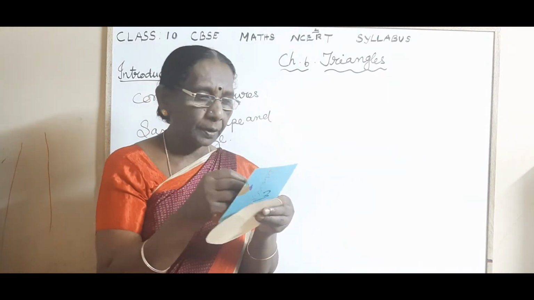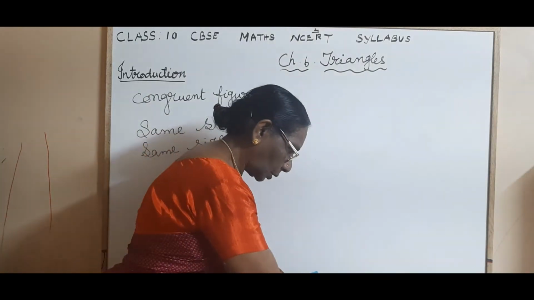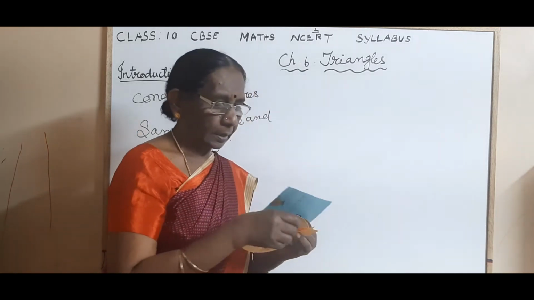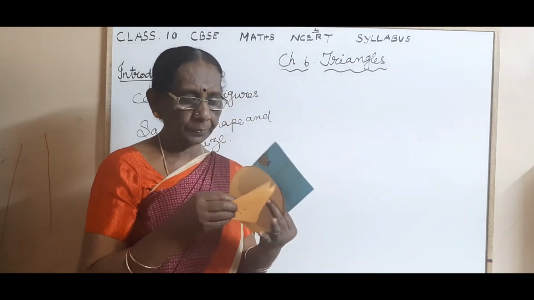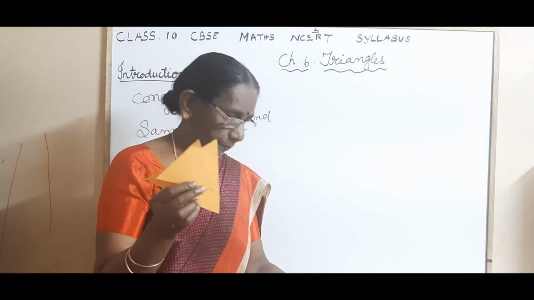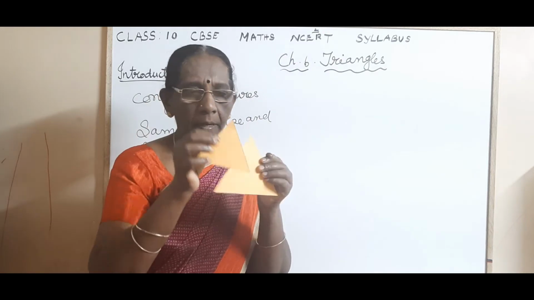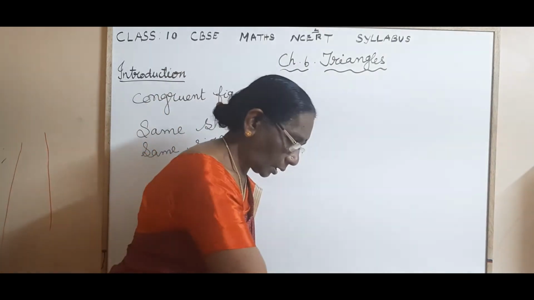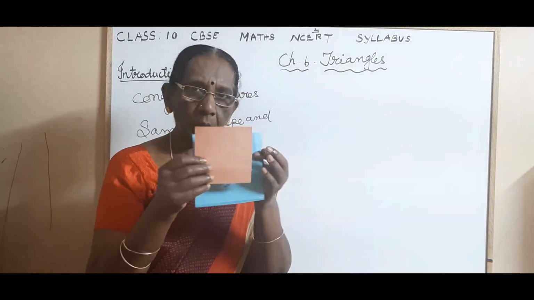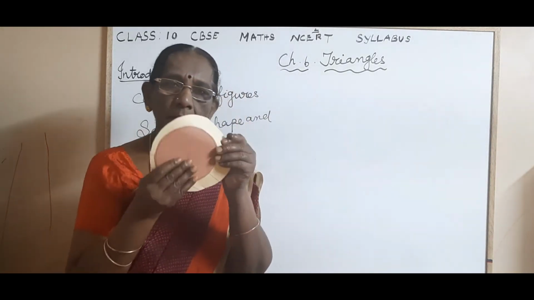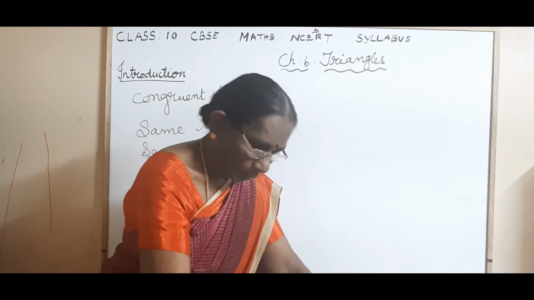What do you observe from this? And you compare these two figures also. What do you observe? See here, this is an equilateral triangle, this is an equilateral triangle. If you take this, this is a square, this is also a square. And if you take this is a circle and this is also a circle.